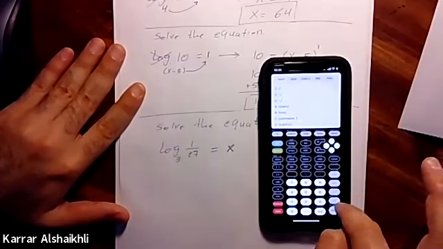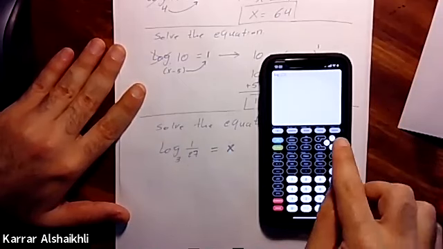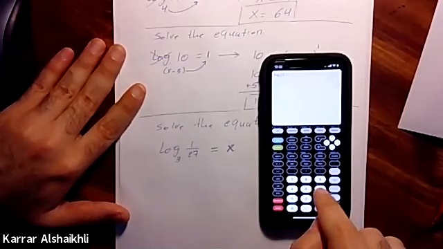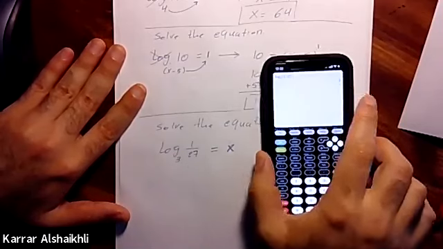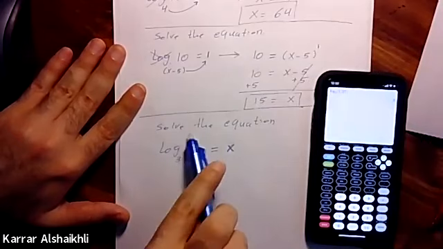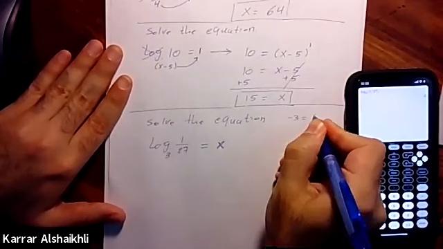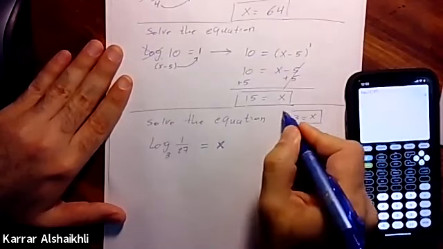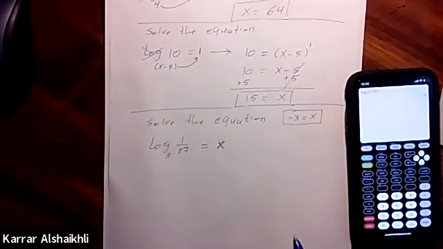Math, log to the base 3, and I'm going to say 1/27. So it's going to be -3. That means this side equals -3, and the other side equals x. That's it. That's the solution, x equals -3. This is the easiest way.